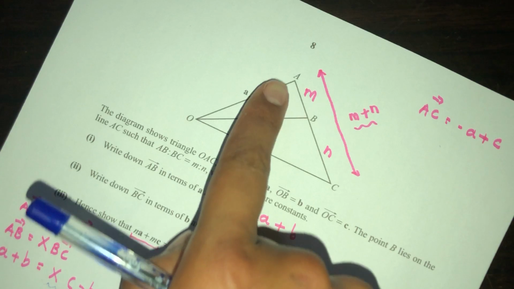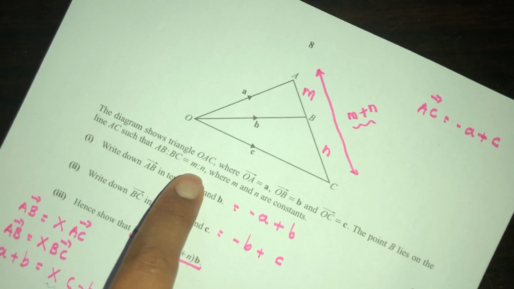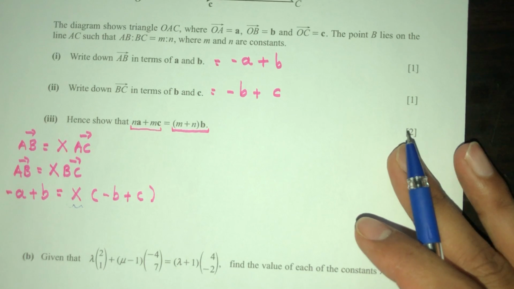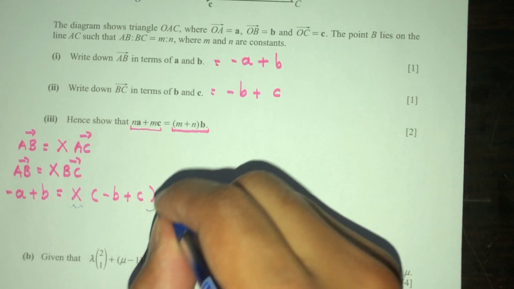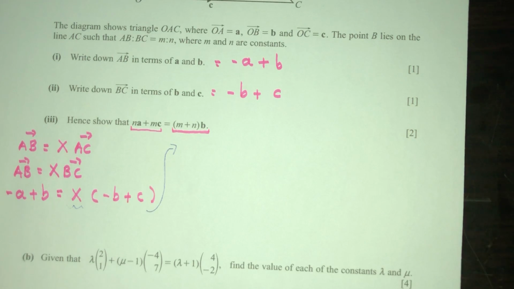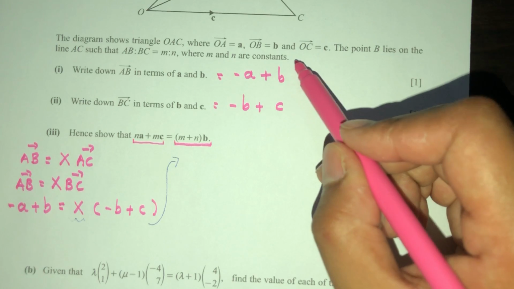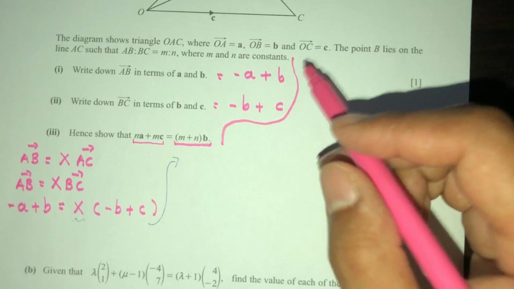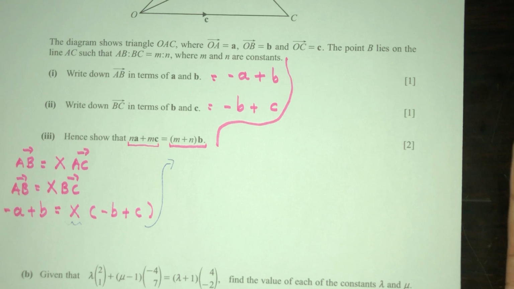So basically, AB, you can say the ratio is M to N. For example, you would say that the ratio here is simply, I'll write this down, because it is given to you here. I think it's just me that finds the explanation hard. What is a ratio? Ratio is a fraction.